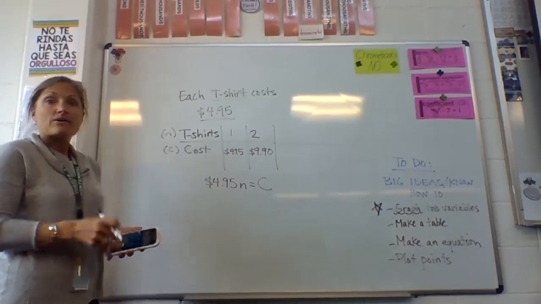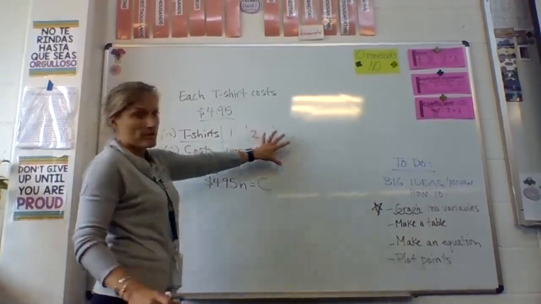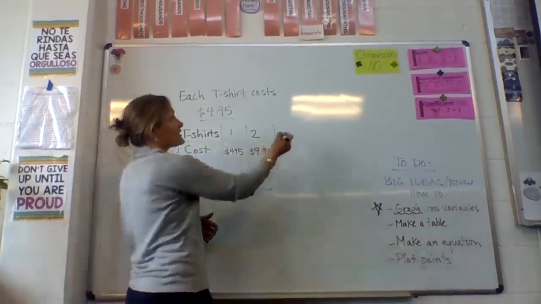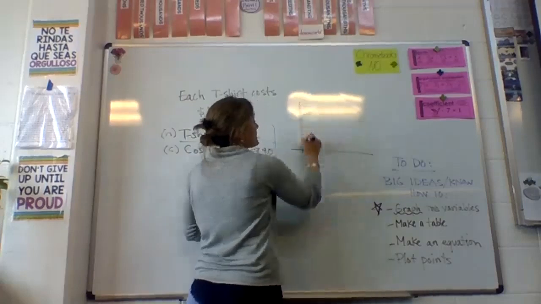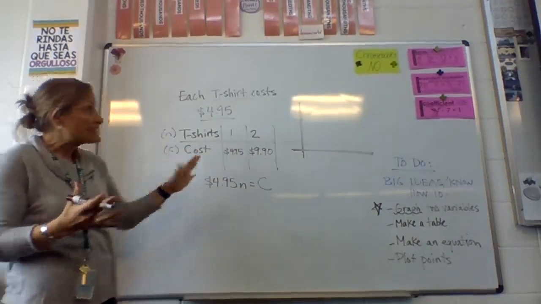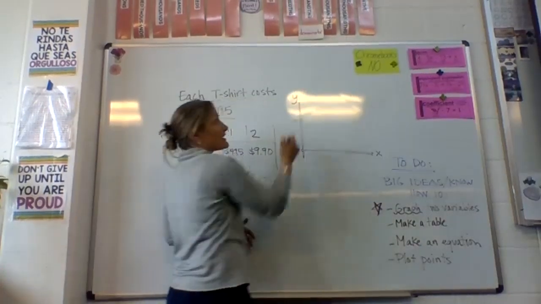Okay. Now, so this is how we set up a table for equations, but then the next level is how do we graph? So if we're creating a graph for these two variables, then we say, okay, we need to know what goes on the x-axis and what goes on the y-axis.